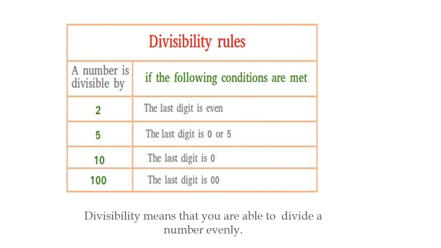It's like a multiple of 10: the last digit should be 0, and the last digits should be 2 zeros if we are trying to find a multiple of 100. So divisibility means that you are able to divide a number evenly without any leftover.